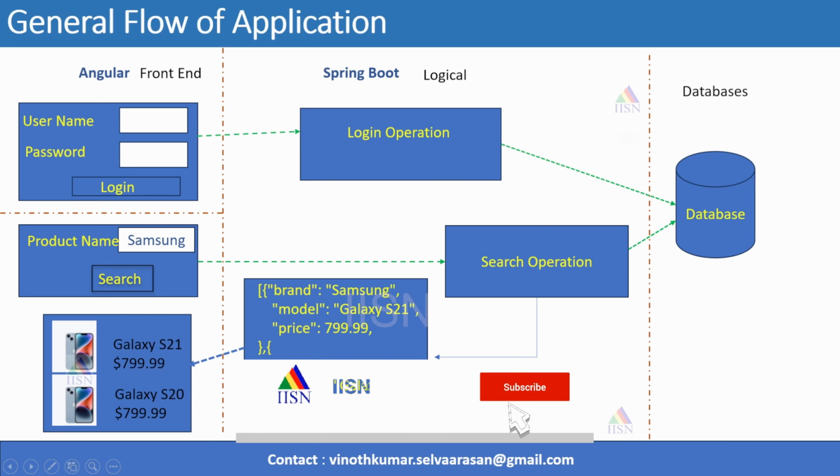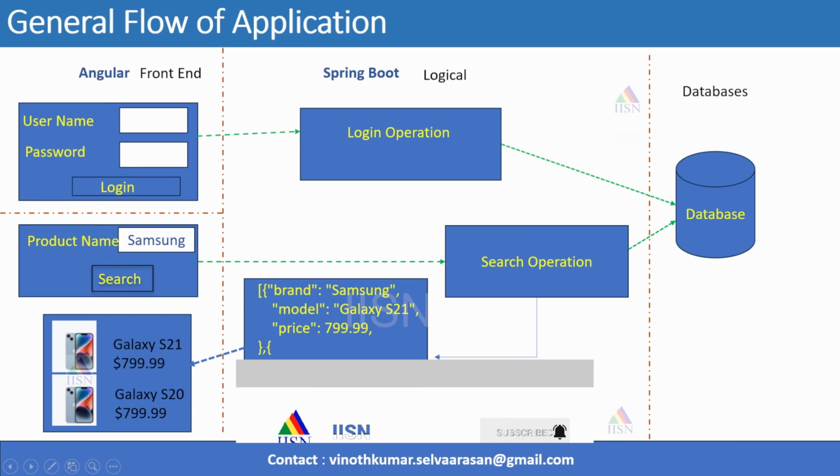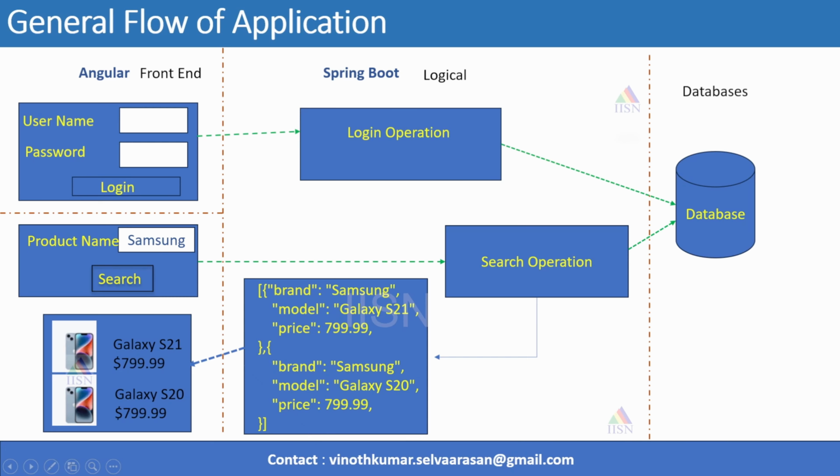Here you see the user has given Samsung. This information is taken to the Spring Boot classes, and the search class contains the logic code relevant to searching the details in the database. Once it finds the relevant data in the database, it is going to pull that information and return the data in JSON format. Now we are going to display this information in Angular like this. So now you understand where we are using Spring Boot in general applications.